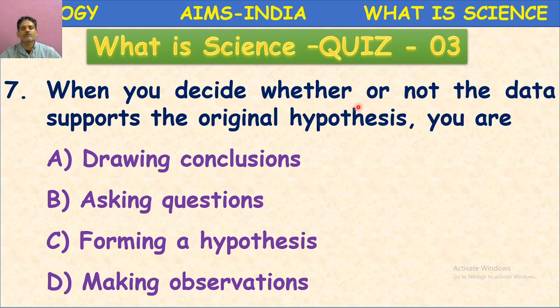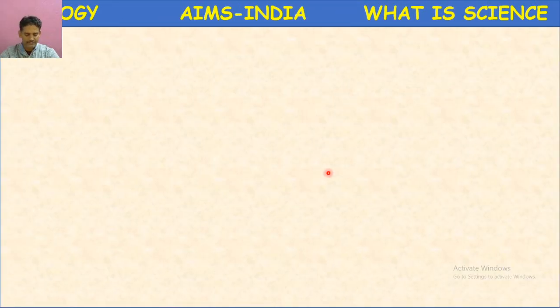When you decide whether or not the data supports the original hypothesis, then you are drawing conclusion. You are in the conclusion. So, drawing conclusion, A is the correct answer. 7th question, A. Next.